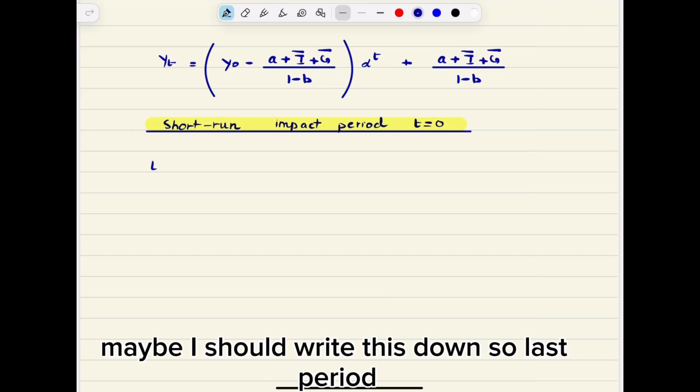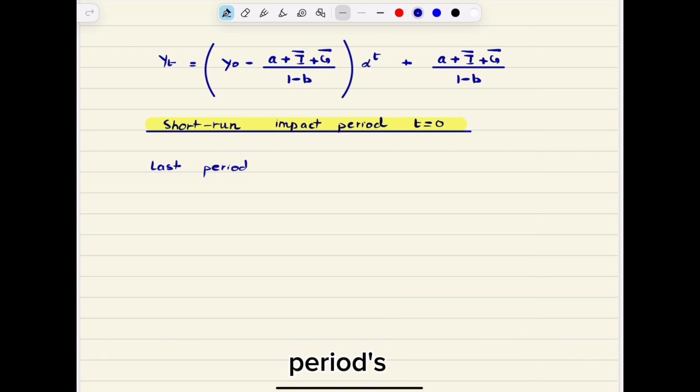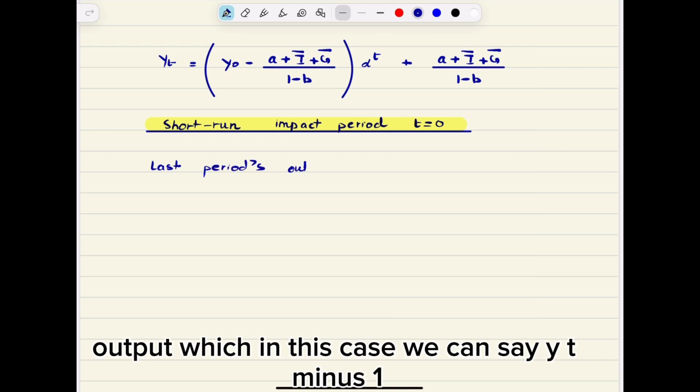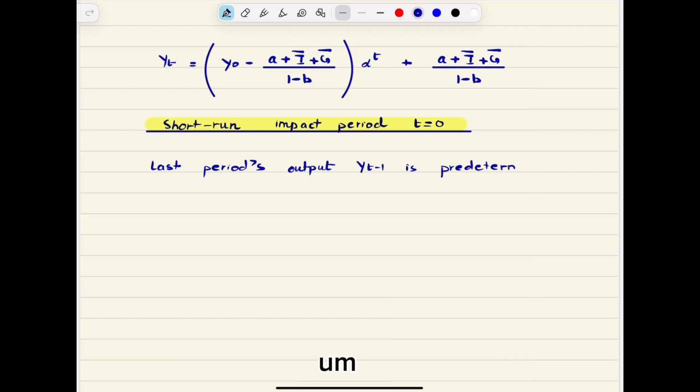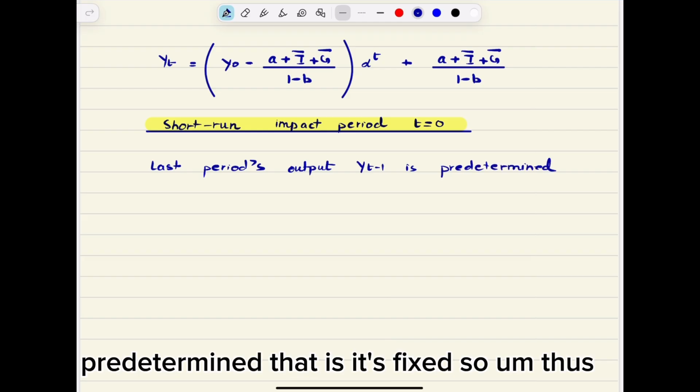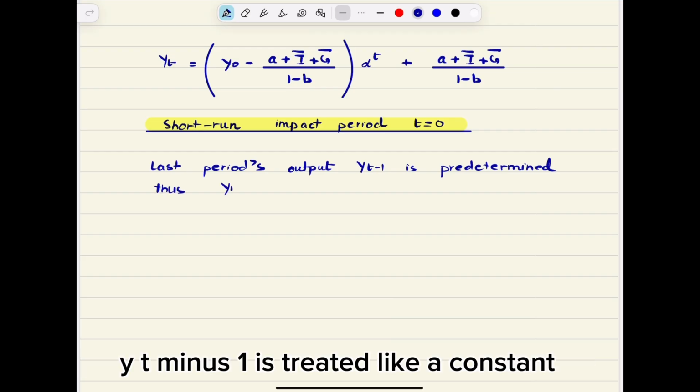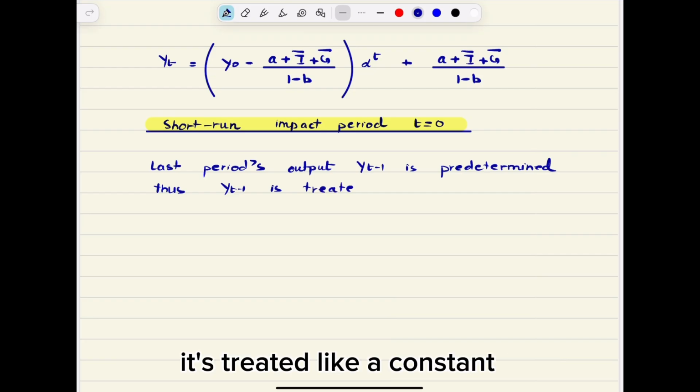So maybe I should write this down: last period's output, which in this case we can say y_{t-1}, is actually predetermined. That is, it's fixed. So thus y_{t-1} is treated like a constant.